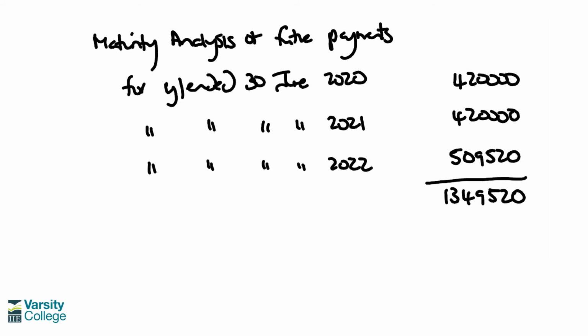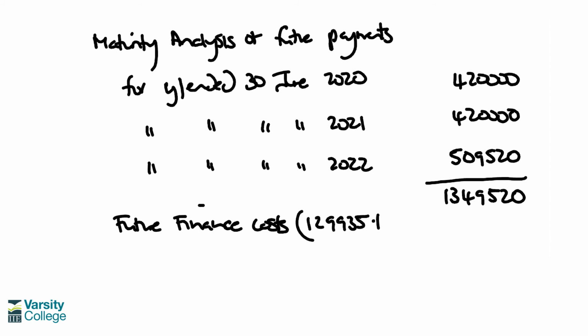So we subtract future finance or interest, it doesn't matter what you call it, costs, and those figures you will take from the amortization table. It was 129,935 plus 77,723.